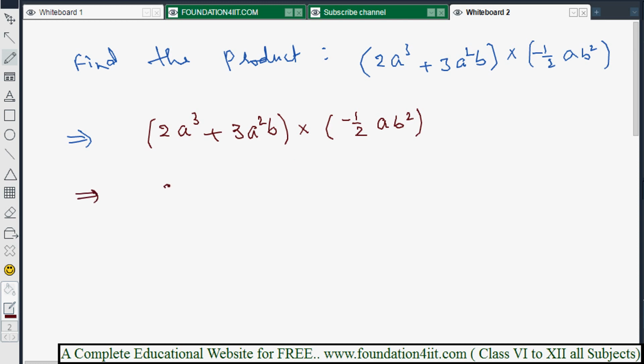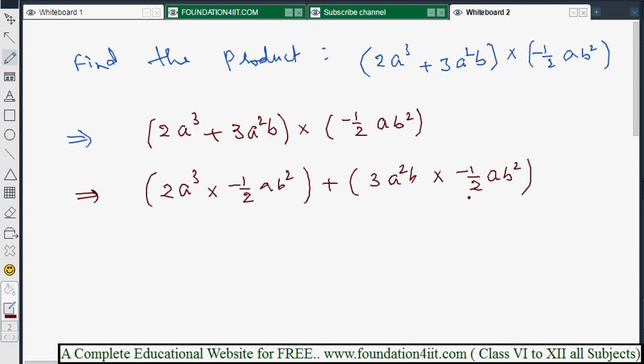So you can write 2a cube into minus 1 by 2 a b square, again with the second term of the polynomial, plus 3a square b into again minus 1 by 2 a b square. Okay, this is the distributing.